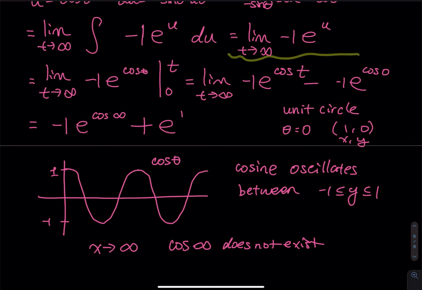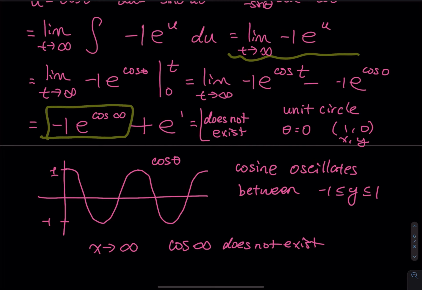So we have a cannot-determine plus e to the first power. That means overall the sum cannot be determined. So this one we say does not exist. I am not able to evaluate this limit.